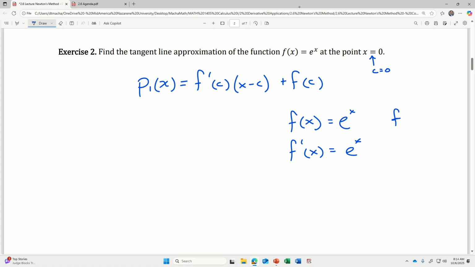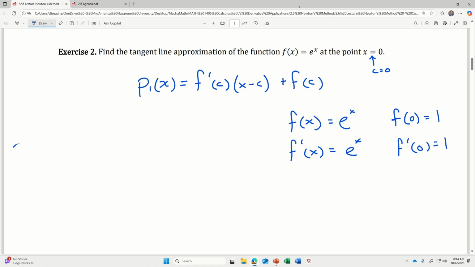So we'll call that c. And let me ask you, what is f of 0? 1. Yeah, e to the power 0 is 1. And this time it's pretty easy. The derivative, f prime of 0, is also 1.